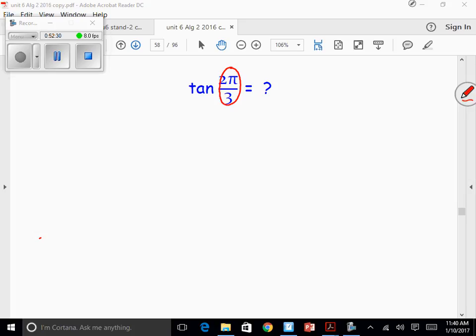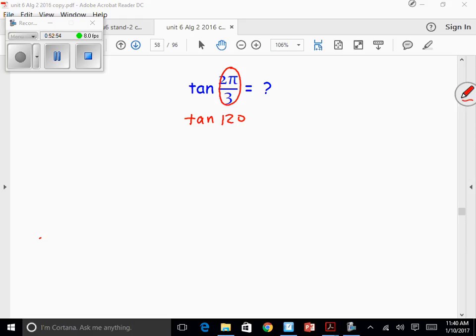So step 1, this is a 120. What this problem is really saying is, what is the tan of 120? I'm just going to be writing down the information. You won't use the calculator on this one. This one I'm just showing you to get the exact value, just so you can have it in your notes.